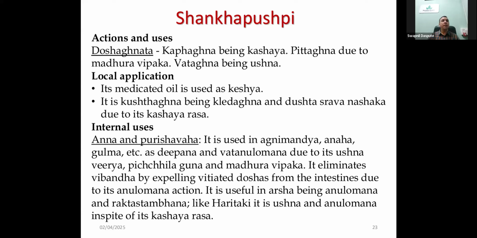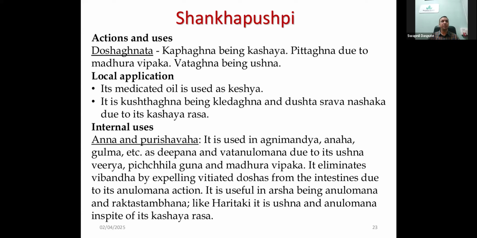It is useful in Arsha, being Anulomana and Raktastambhana. We know that in Arsha, Vibandha or Avashtambha can be there. Hence, Anulomana herbs will help there, and Raktastambhana. So if there are bleeding tendencies, Shankhapushpi also can be one of the ingredients, as we saw Mocharasa in the previous herb, Raktastambhana.